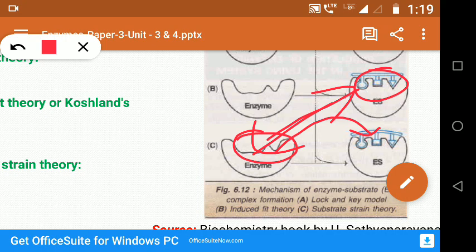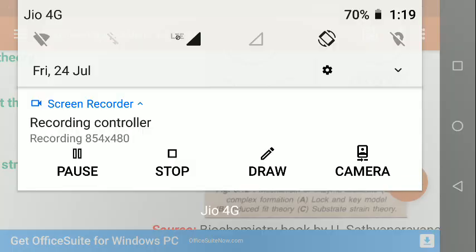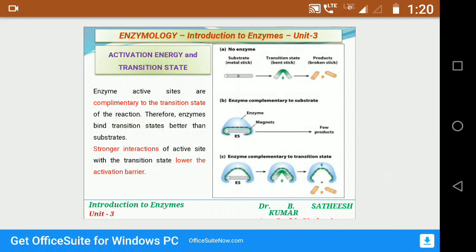So the binding itself is inducing the substrate to become the transition state. So that is why the substrate gets to the transition state so easily. Therefore, the activation energy is very low when compared to non-enzymatic reactions.